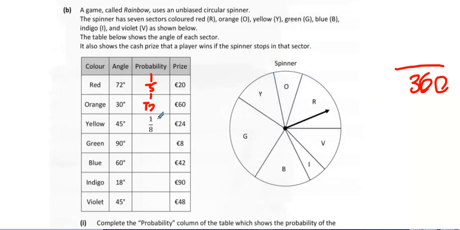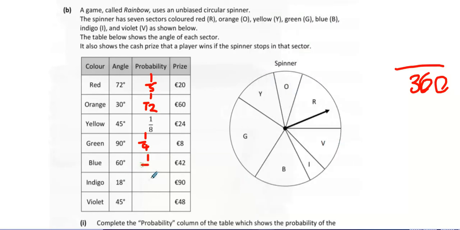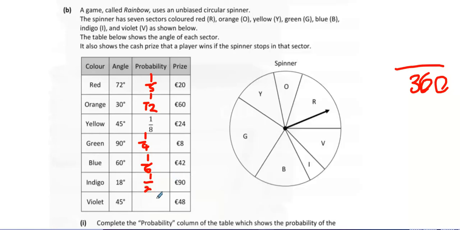Okay, 90 over 360 is a quarter. 60 over 360 is a sixth. 18 over 360 is a 20th, I believe. Yep, and 45 over 360 should be an 8th.